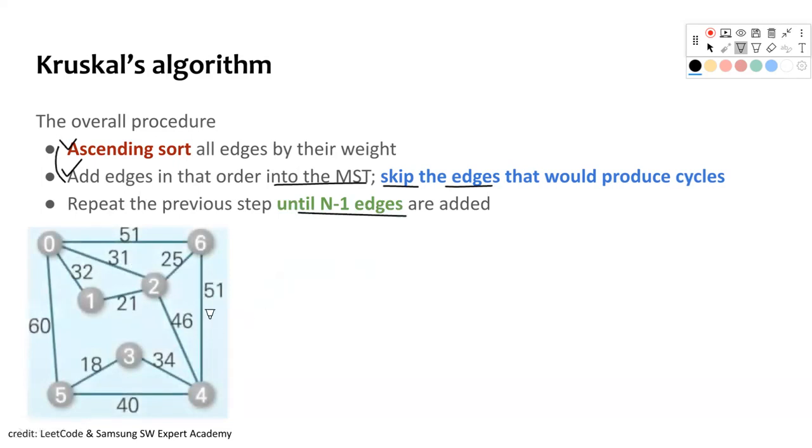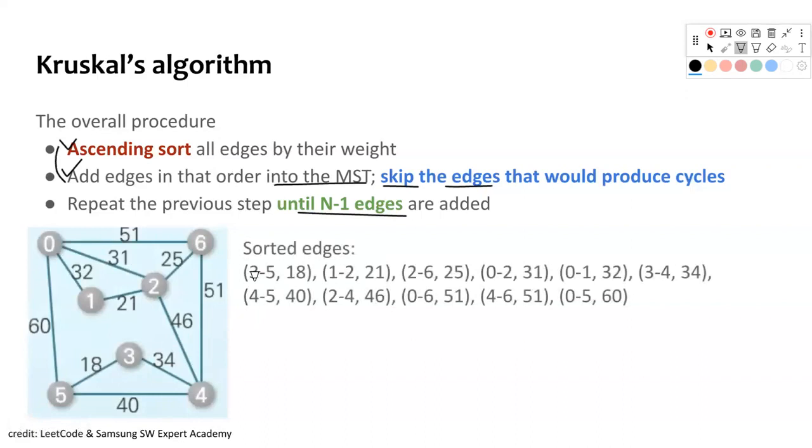So in this example, we have multiple edges. And this one signifies connecting 3 and 5, and the weight is 18. So we are sorting the edges before we perform Kruskal's algorithm. And what we do is choose the minimum edge one by one.